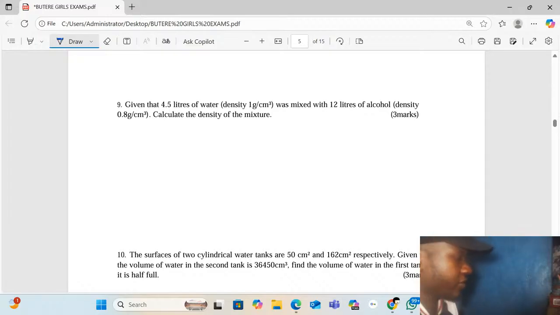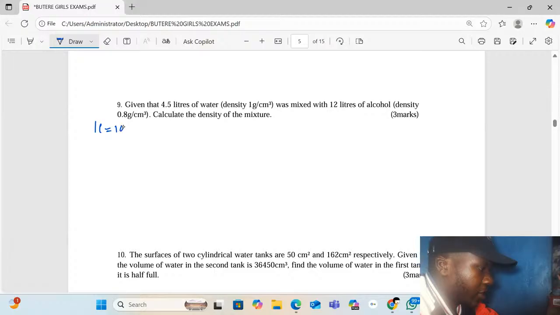So now we have to calculate the mass, and we have the density of the water, which is given in grams per cubic centimeter. But to find the volume, we must convert these liters into cubic centimeters, and we know that 1 liter is equal to 1,000 cubic centimeters.